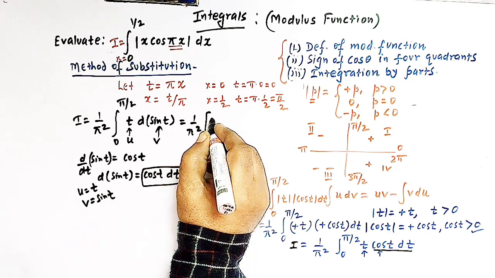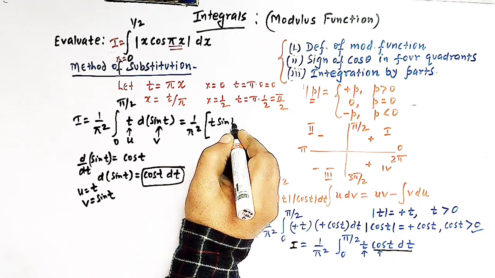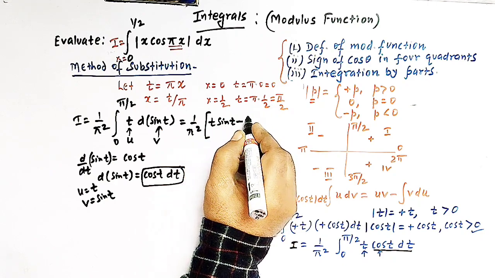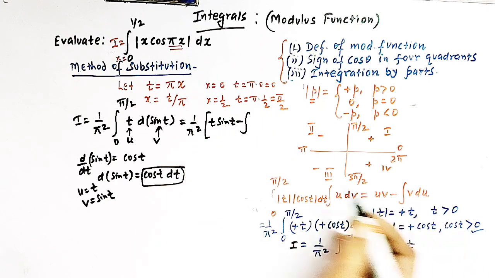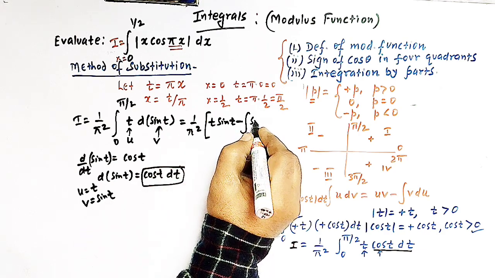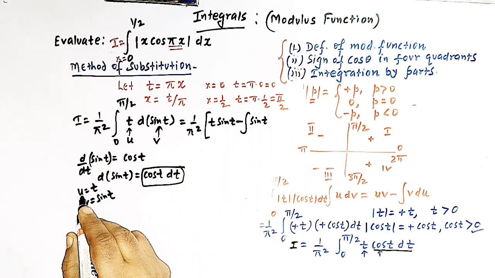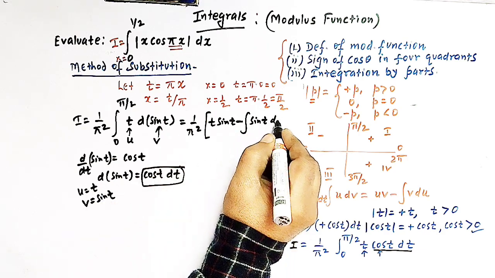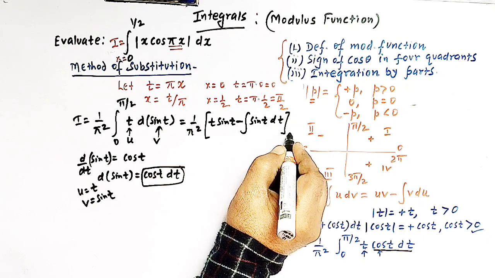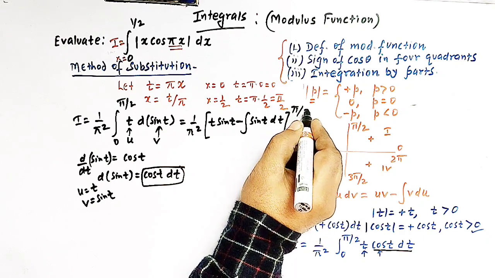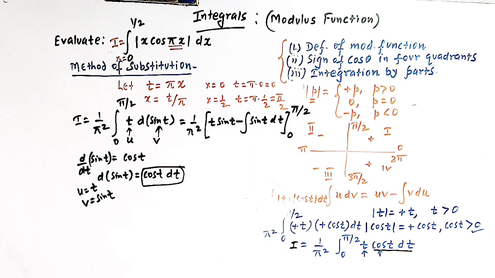So we have t sine t, and then we have the integral, that is v du. So v is sine t and du is dt, and the limits of integration are from 0 to pi by 2.